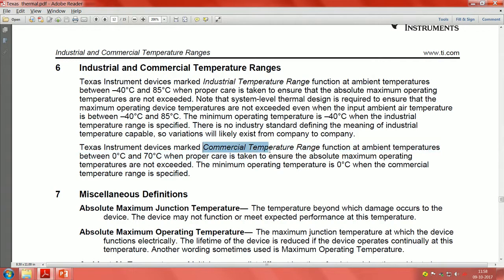Commercial temperature range functions at ambient temperatures of 0 to 70, which by our standards is very benign, because 0 is something like external freezing, and 70 is what we are likely to face most of the time, even at homes inside.